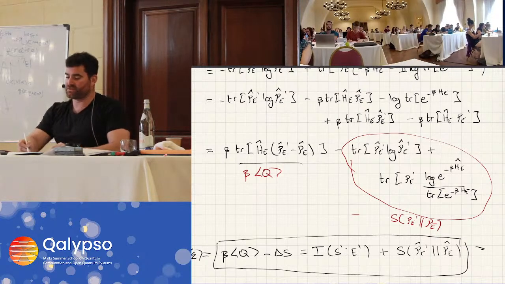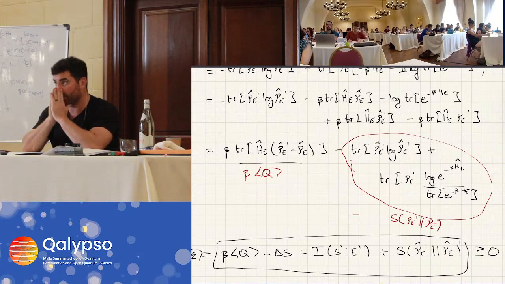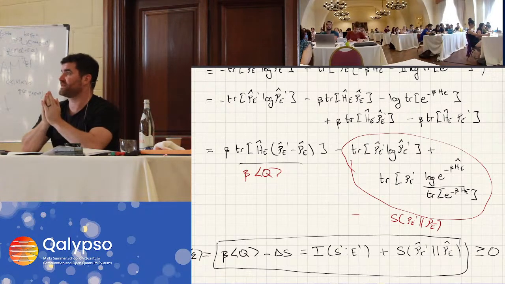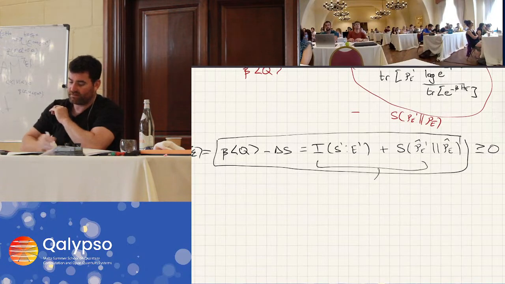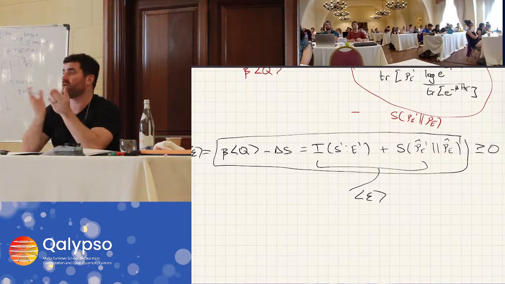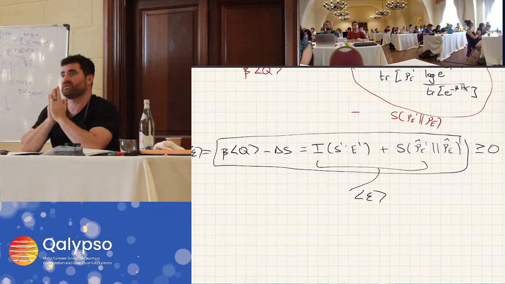So because it's a sum of two relative entropies, beta Q minus delta S is positive. The entropy production in this scenario is positive, and this object here plays the role of the irreversible entropy produced in this scenario, okay?